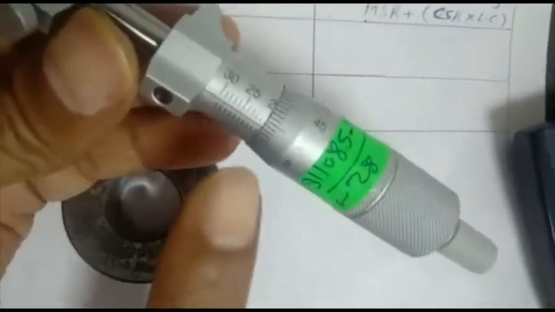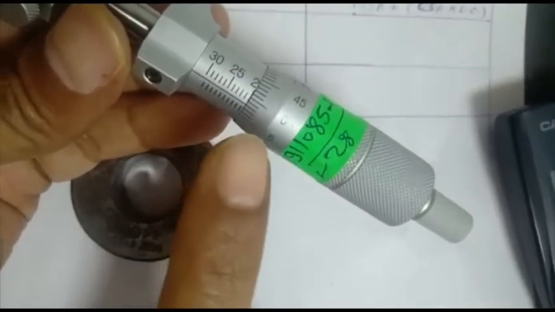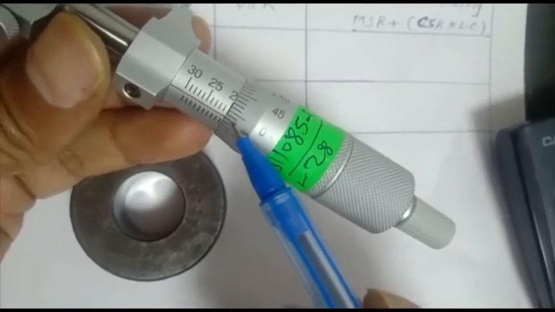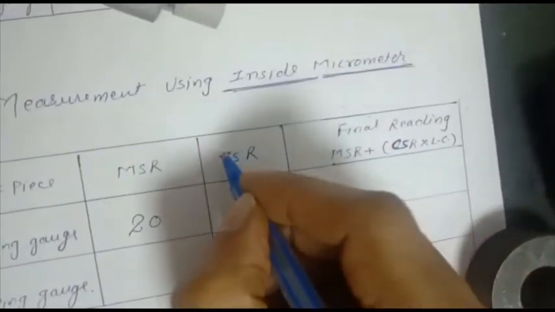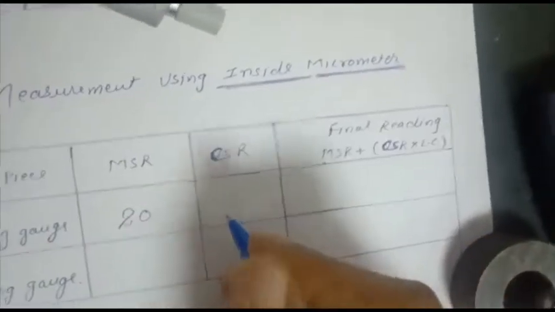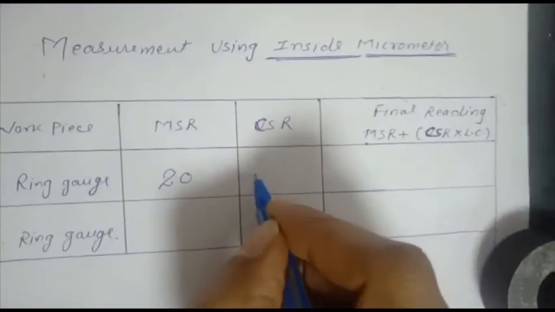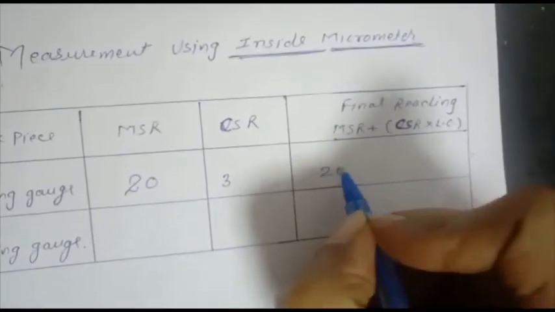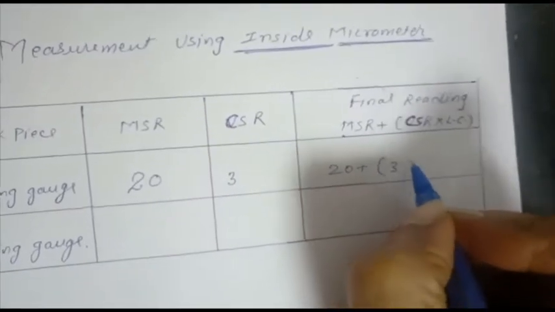Now after that you can see the reading there: 20, it just crosses 20. How many divisions does it go? 1 and 2, so 20. This is the circular scale reading, as we are using the micrometer. The circular scale shows 3 divisions. So main scale is 20 plus circular is 3 into the least count.